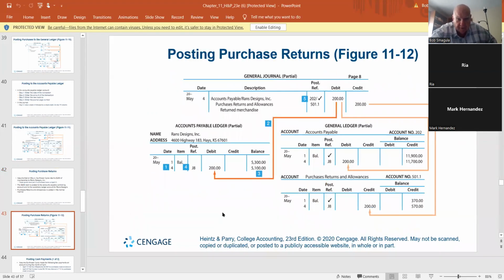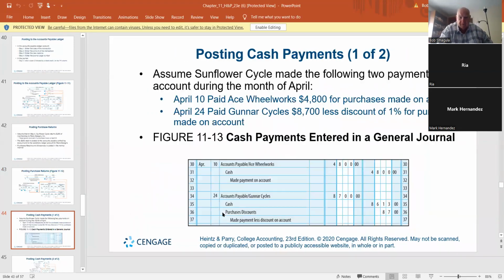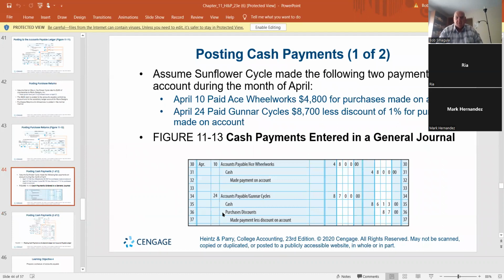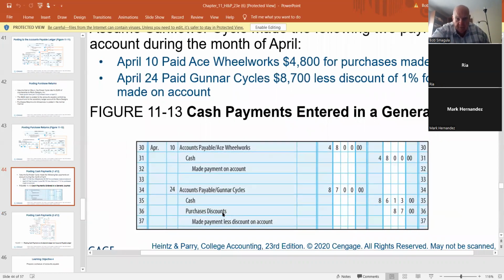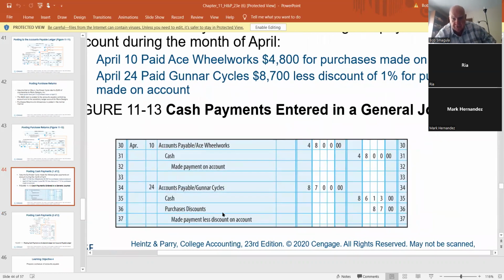So I think you're pretty good at posting to the ledger, posting cash payments. Now we paid somebody. We paid $4,800. There was no discount involved. So we debit 4,800 and we credit cash. We paid Gunnar $8,700 less a discount.